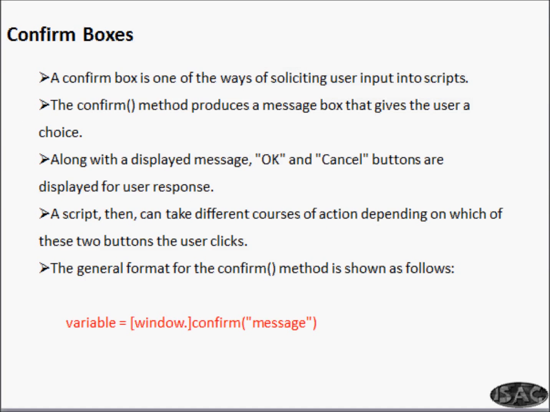Next is the confirm box. As we know, if you have some option, you say confirm yes or no. The confirm box is one of the ways of soliciting user input into a script. The confirm method produces a message box that gives the users a choice.